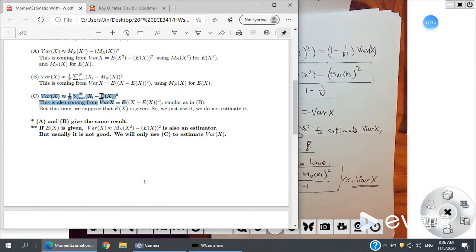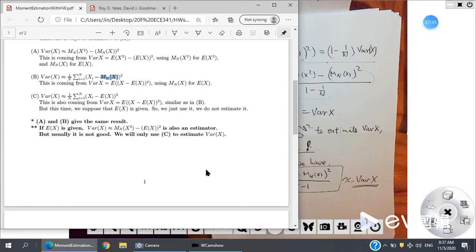In this formula, this E of x is given. Suppose this is given. You know this one. Then you use this formula. This part is not from the samples. This E of x is not from samples. This one is from samples. This one is from samples. The mn x is coming from samples. E of x is given.